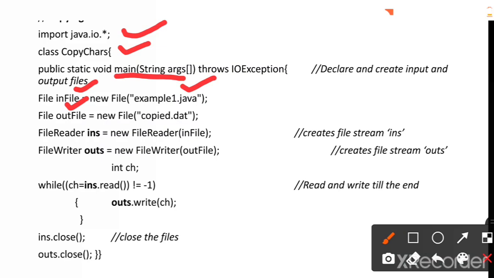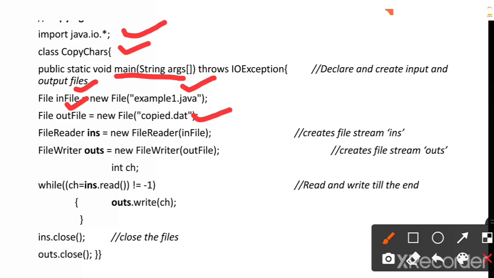So example1.java is an input file, and it is linked to the file object inFile, and copied.dat is the output file, which is linked to the outFile file object.